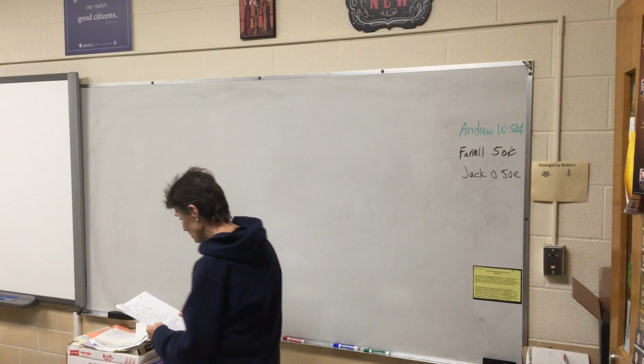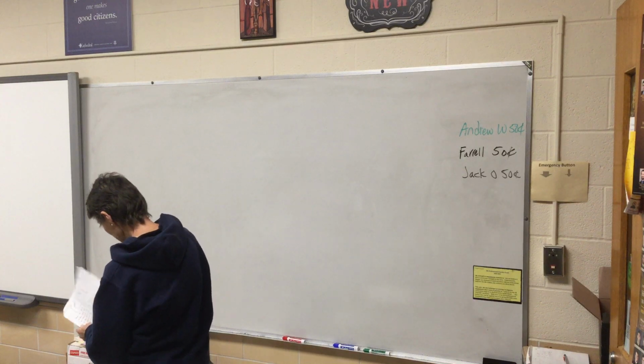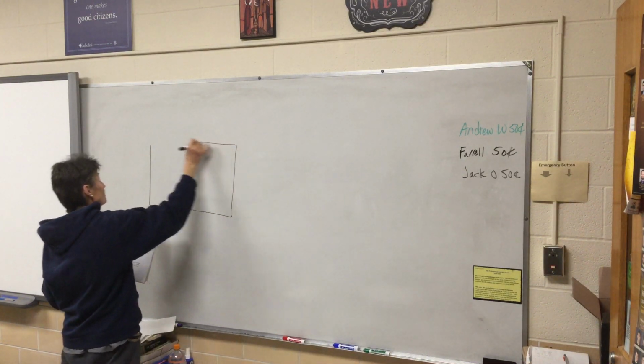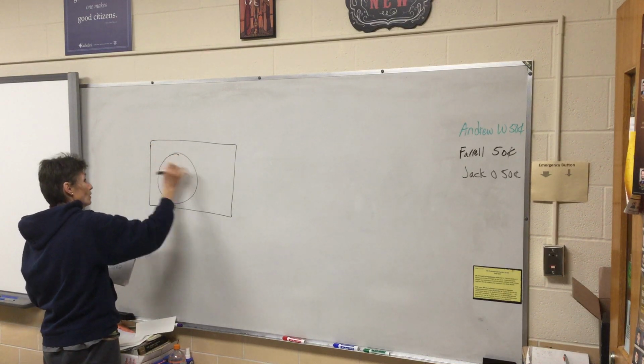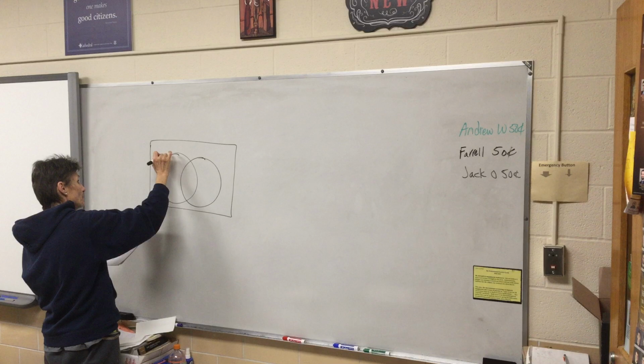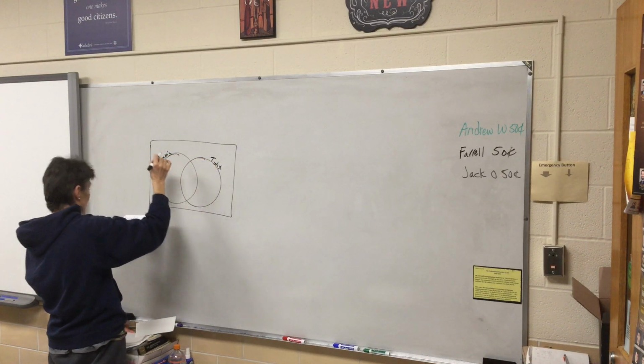So this is number 3. On page 60, number 3 right at the top, says consider this Venn diagram. So we have overlapping circles, and this circle represents M&Ms, and this one represents Twix.